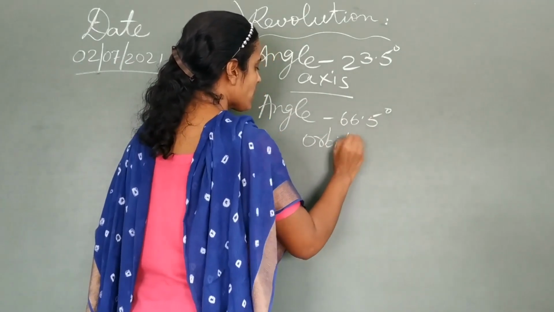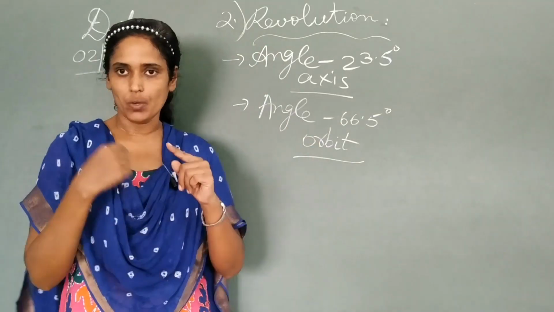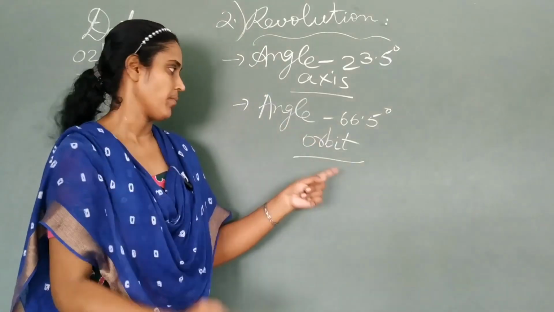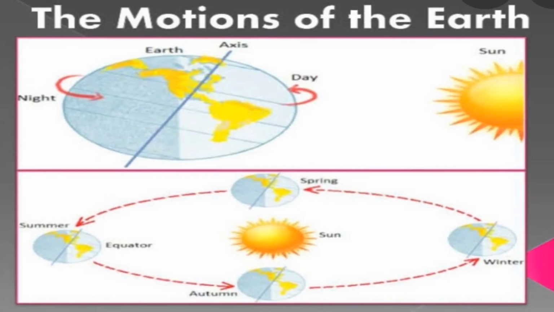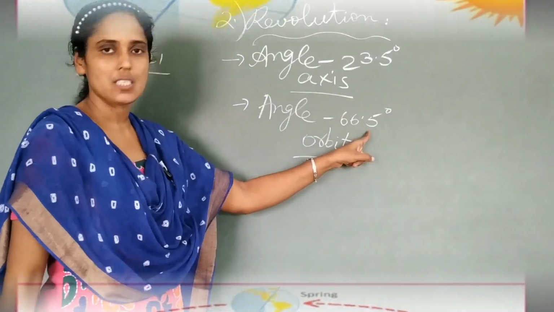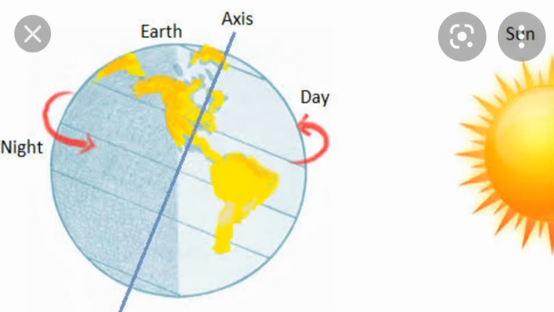Orbit means what, students? The path on which rotation is being done around the sun. So the angle created for the orbit is 66.5 degrees, and for the axis the angle created is 23.5 degrees.